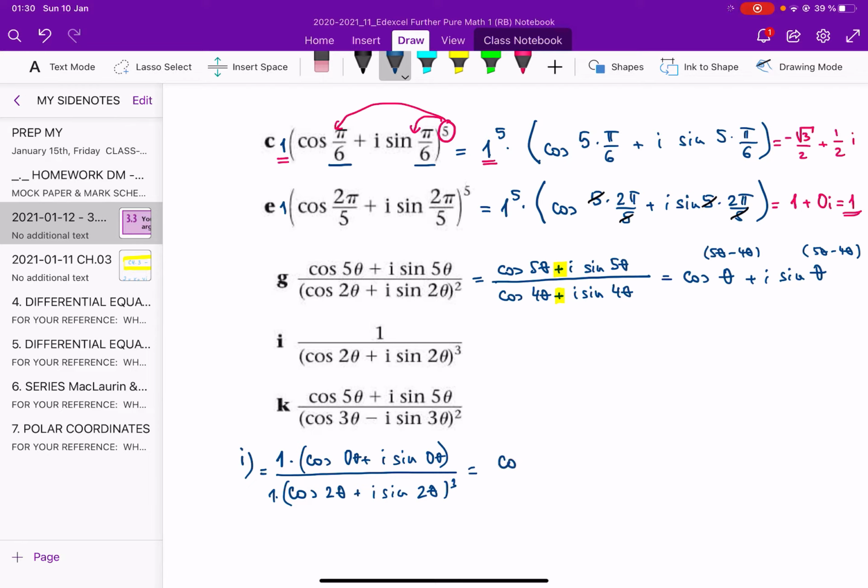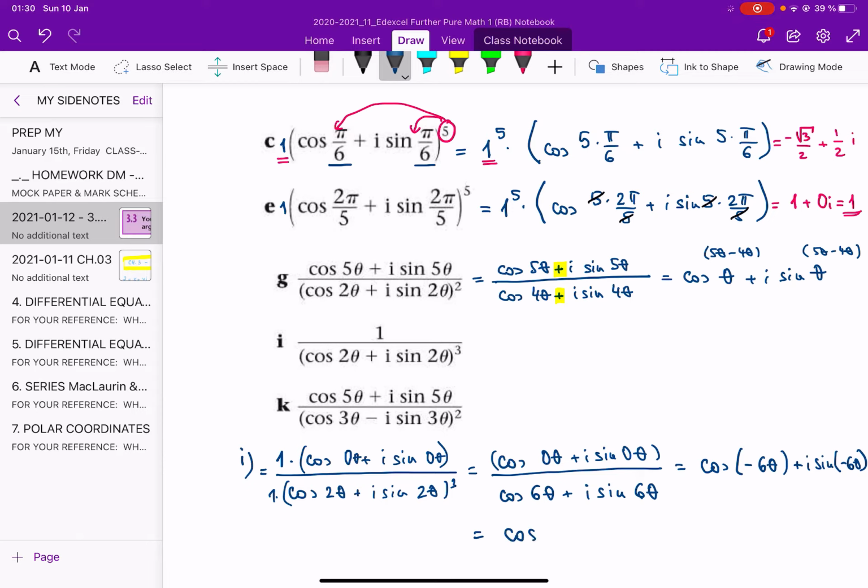So first rewrite that, cosine 0 theta plus i sine 0 theta over, now I'm applying Moivre's theorem, so it's cosine 6 theta plus i sine 6 theta, and now I'm applying the rule about the division of complex numbers, so it would be cosine minus 6 theta plus i sine minus 6 theta, but this can be simplified because cosine of negative is the same as cosine of positive because it is an even function, and minus i sine 6 theta.